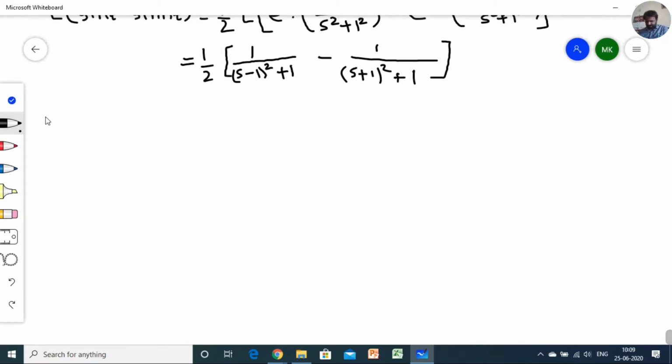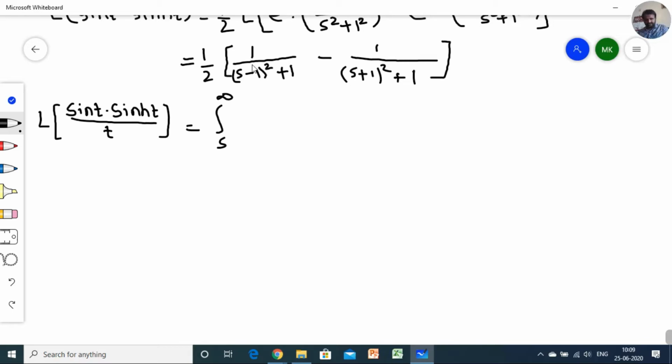It is clearly mentioned: Laplace of sine of t into sine hyperbolic of t upon t is given, so we have to apply the integral from s to infinity of f of s into ds.